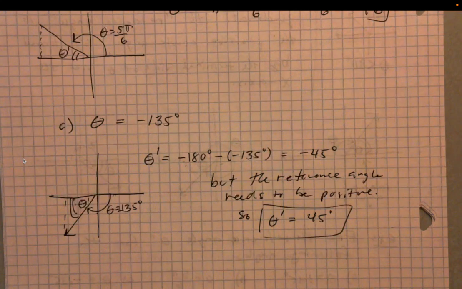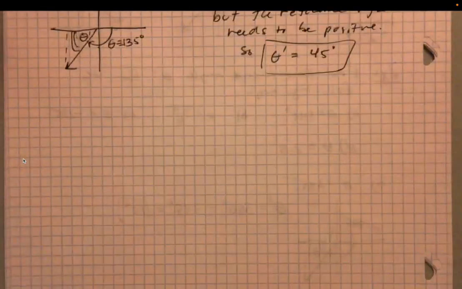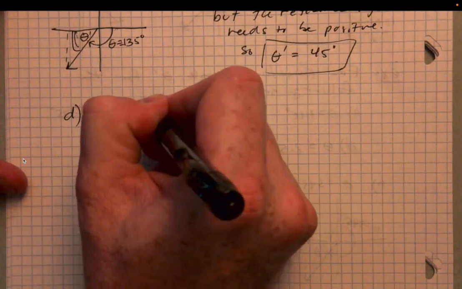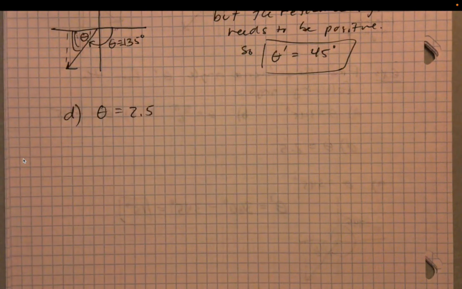Okay, simple enough. And then what about this 2.5 business for part B? Right, 2.5. Well, when we say 2.5 radians, whenever pi is not in the radian angle, you have to think about it logically.